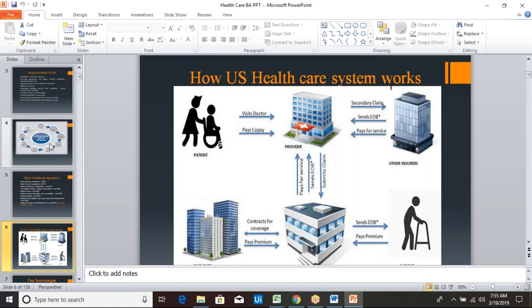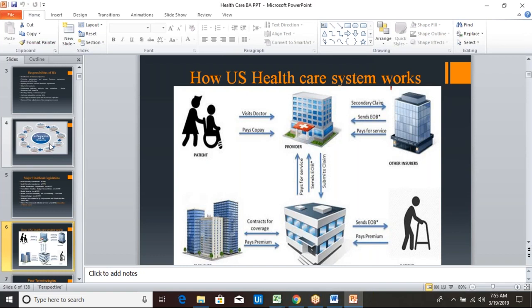Whenever they have visited the hospital, the information they send and the benefits from the insurance company once the treatment is completed, the process we follow all comes under claim processing. We send the claim, the patient information report, and everything to the insurance company through EDI formats and EDI transactions.